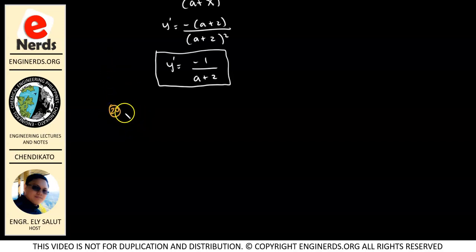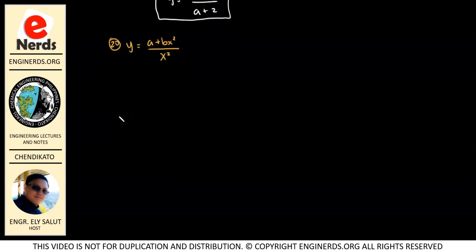Problem number 20 states that y is equal to a plus bx squared over x squared. So the same thing will be done. We'll take dy over dx, which is equal to y prime, and this is d over dx of a plus bx squared over x squared.